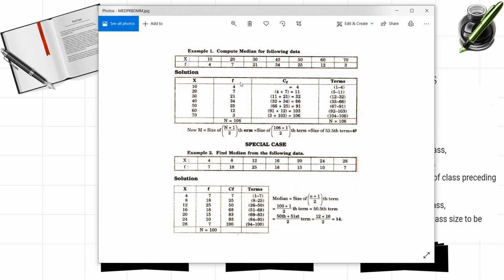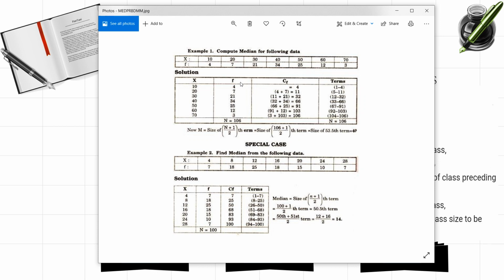Next, to get the fourth, add the first four values in frequency. Proceeding in a similar way, we can find the remaining cumulative frequency values. One thing we can observe is that the last value of cumulative frequency is equal to the total of frequencies. We have to find first the (capital N plus 1) by 2 value.